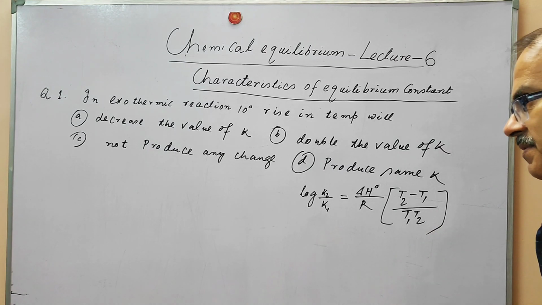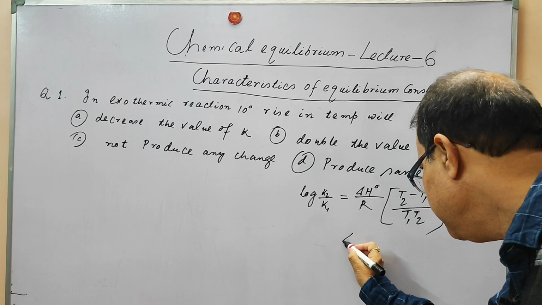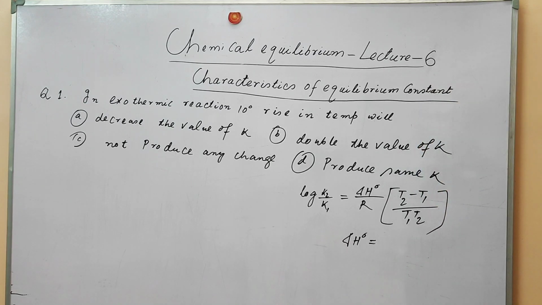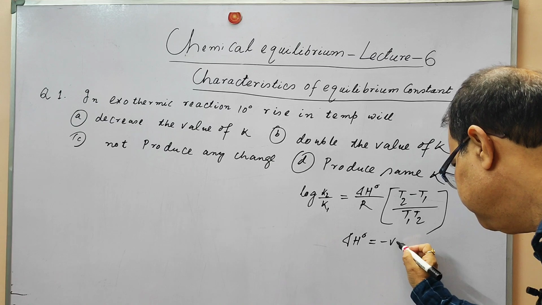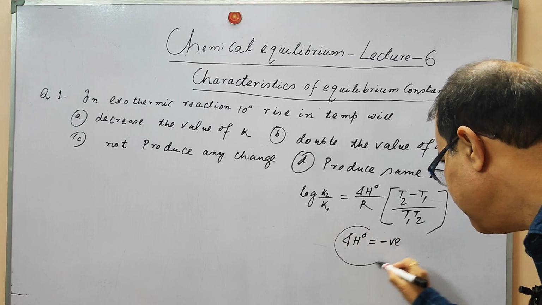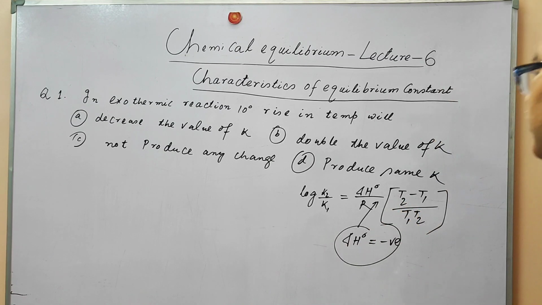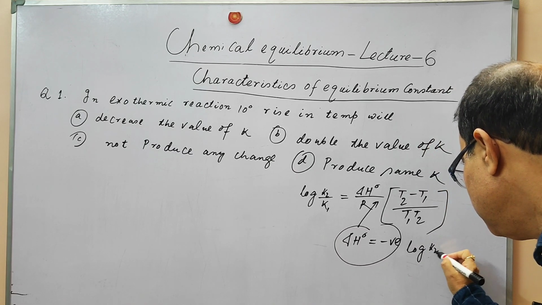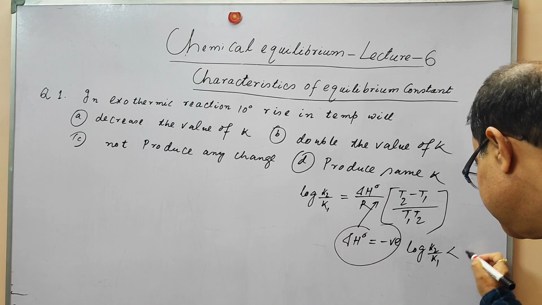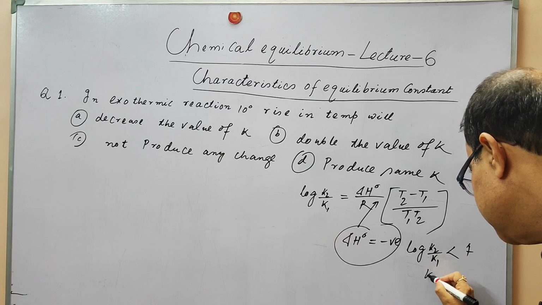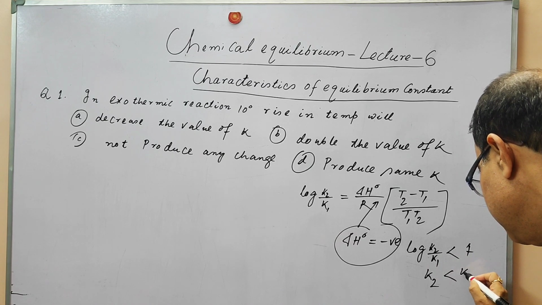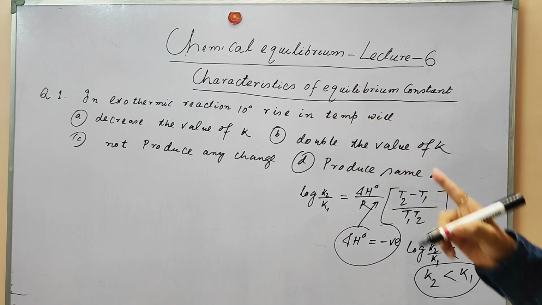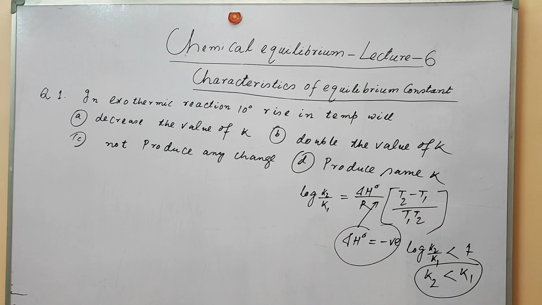When it is an exothermic reaction, del H0 will be negative, and when this is negative, this quantity will be negative. So we can say log K2 by K1 is less than 1, so K2 is less than K1. Which option will be correct?